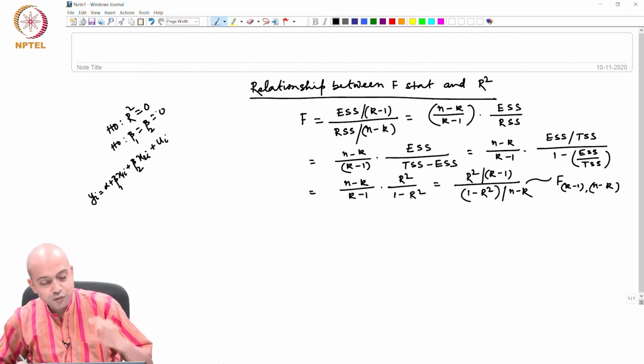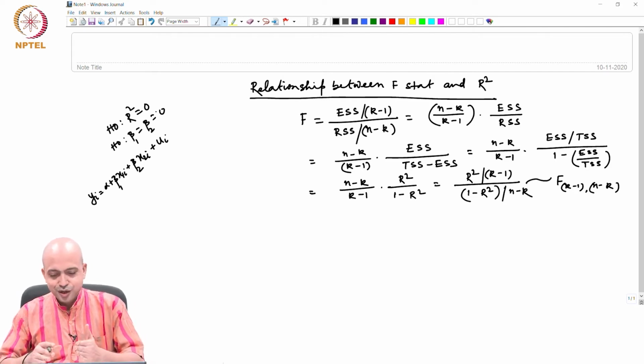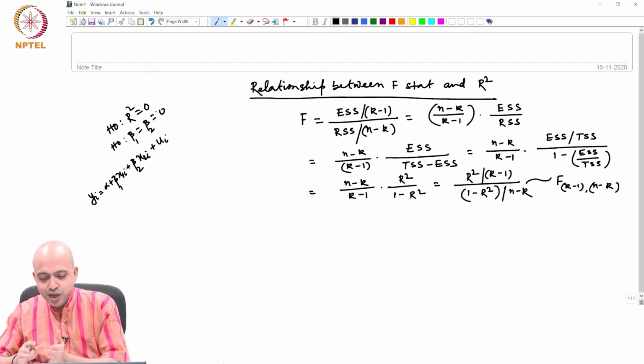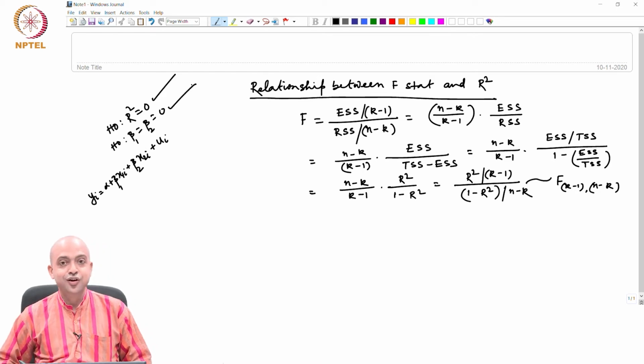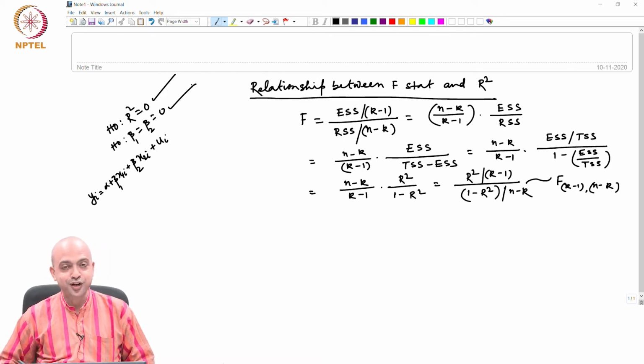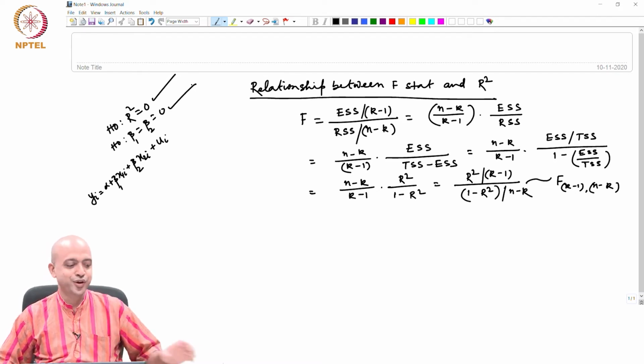So, that means the same overall significance of the model that we derived earlier. Using the relationship between F and R square, we can test either the significance of the R square itself or the overall significance of the model, right. So, that is the beauty of this relationship between F and R square. You can test the statistical significance of even the R square.